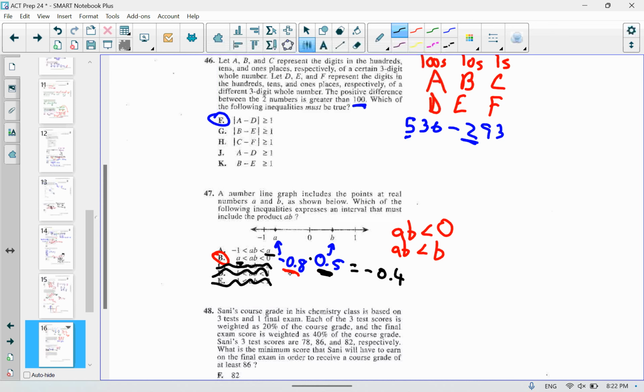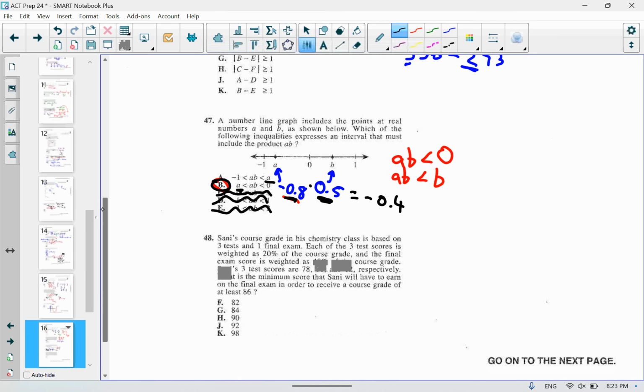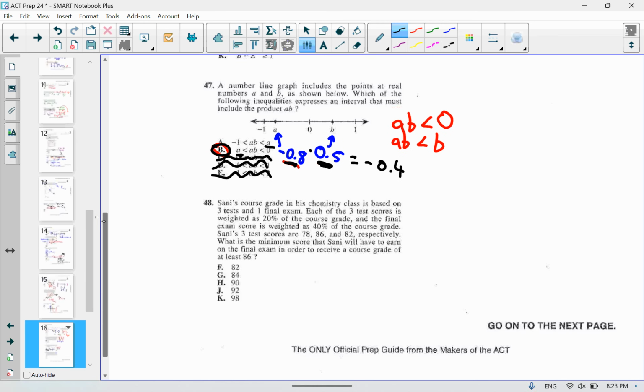Negative 0.4 is greater than what I started with, so I'd go with letter B. If A was past this number and B was a larger positive, things would change. But because B is less than 1, the magnitude is going to be affected. Therefore, I have to be greater than A, and B is my answer.